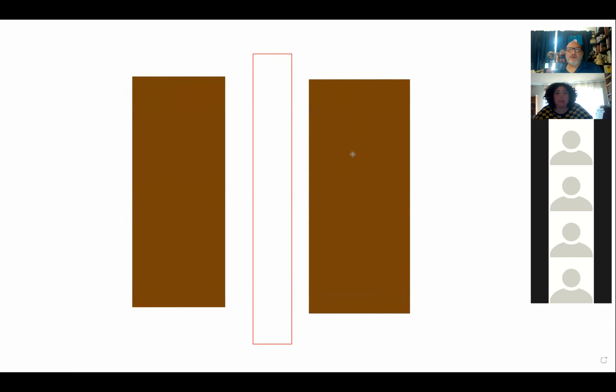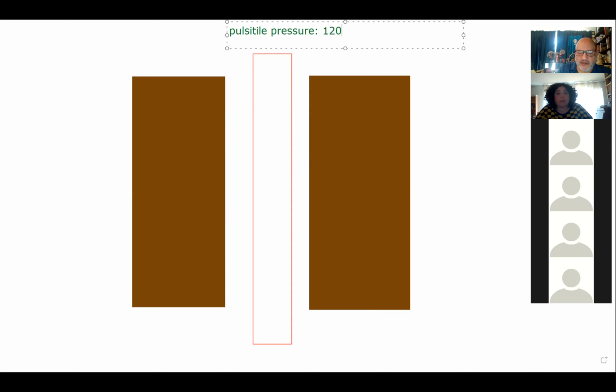So we get a blood vessel, like, for instance, we were talking about our brachial artery, and you put a cuff around it. And as we've talked about, this blood vessel is close enough to the heart where its pressure is pulsatile. Again, we'll use a fake person where it's 120 systolic and 80 diastolic.